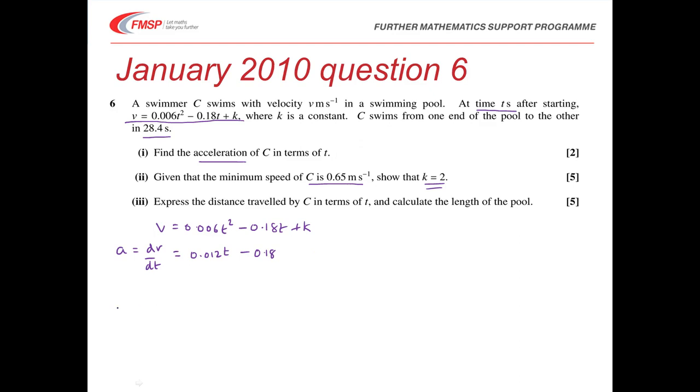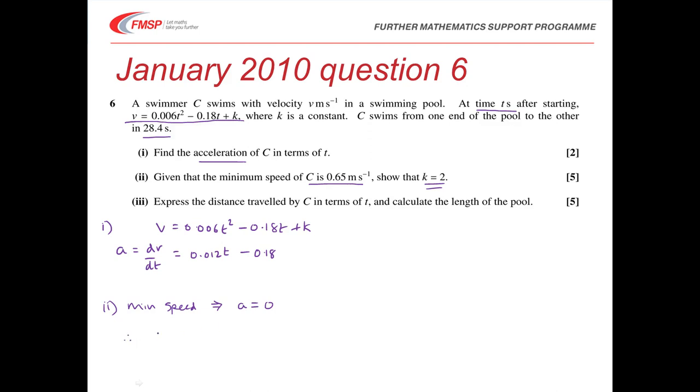And now, part 2, we're going to find something about minimum speed. And the minimum of anything is when the derivative is equal to 0. So if I want the minimum speed, I'm going to have to differentiate and set that equal to 0. Well, I've already differentiated and it gave me the acceleration. The minimum speed is going to happen when the acceleration equals 0.